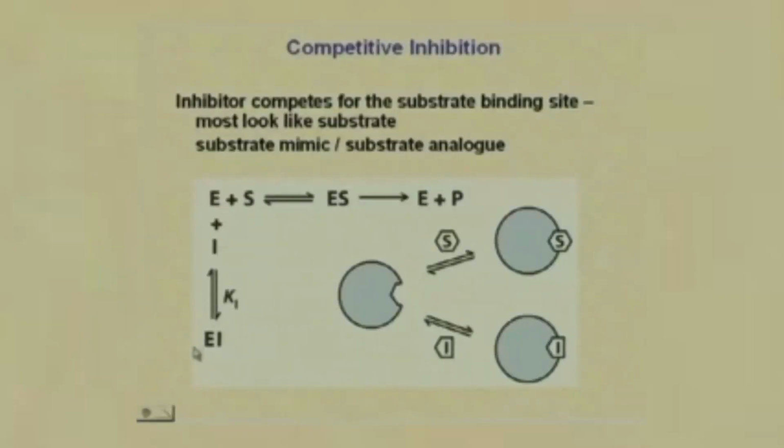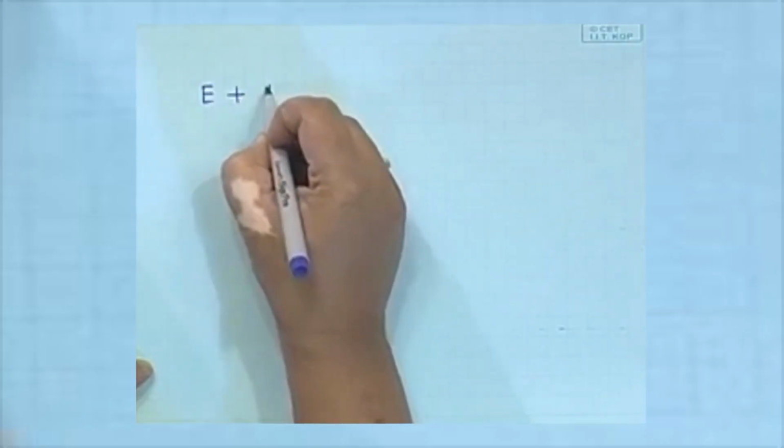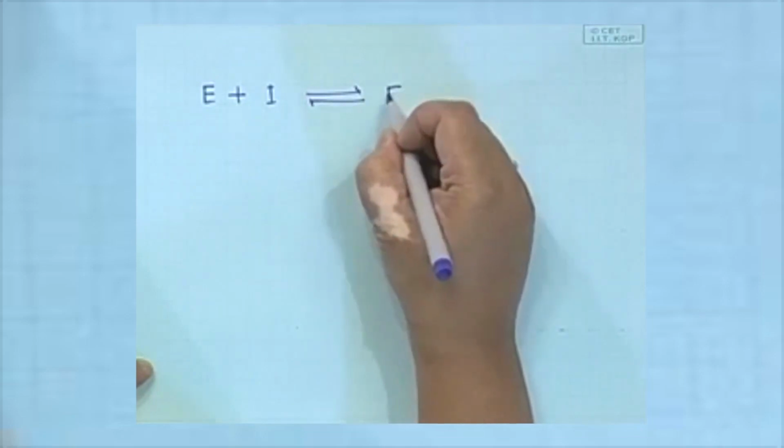Since the enzyme inhibitor complex is in equilibrium with the enzyme and the inhibitor, and I know it is a loose association, the enzyme plus the inhibitor form an enzyme inhibitor complex.